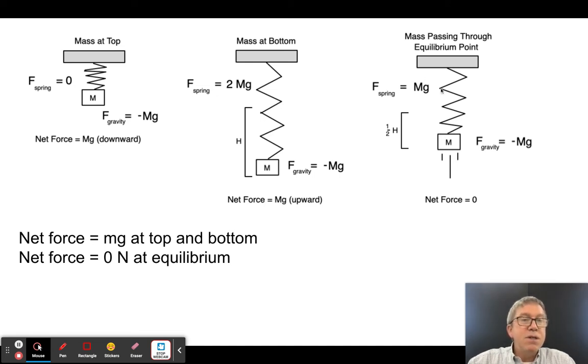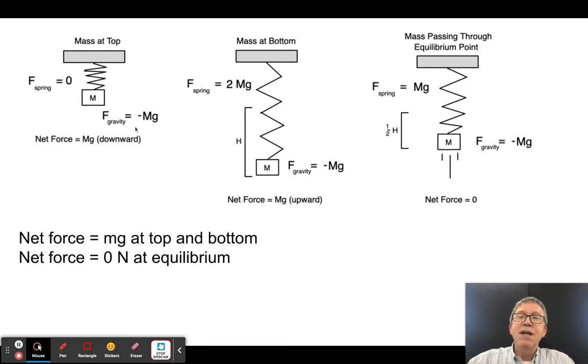The spring force, since it's now stretched, is going to equal mg, and the gravitational force is negative mg. So the net force is zero at that point when I'm halfway through the drop. At the very end of the drop, now what I find is I've stretched the spring twice as much as it was at equilibrium. So the spring force is now 2mg, and gravity is just negative mg. So the net force is now upward mg.